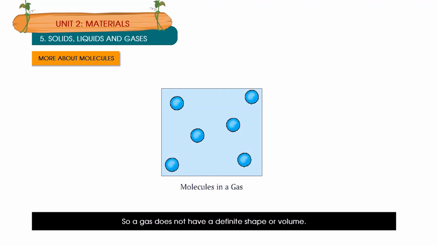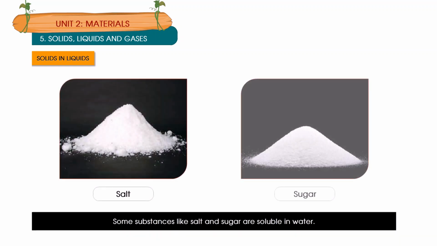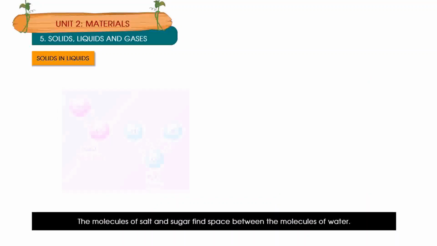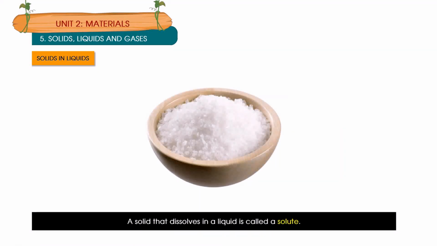Solids in liquids. Substances like salt and sugar are soluble in water. The molecules of salt and sugar find space between the molecules of water. A solid that dissolves in a liquid is called a solute.